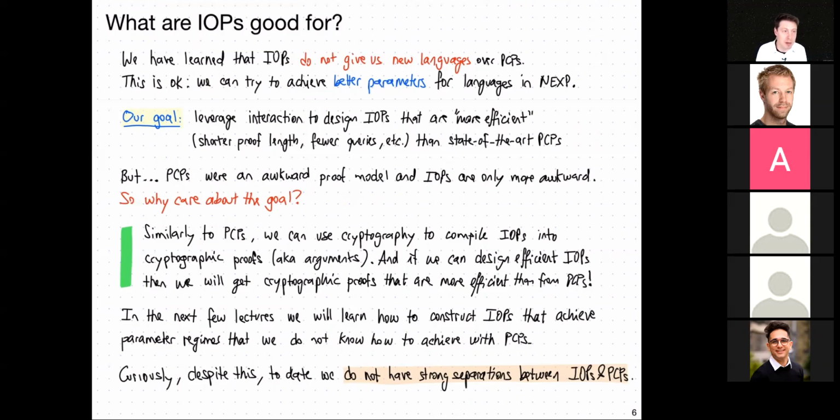That may or may not be the case, but today, given our understanding of probabilistic proofs, IOPs have been an enormous blessing, in that important parameter regimes for practice that will likely continue to be out of the reach of PCPs for many years to come are already achieved by IOPs, and that's why they're practical. Okay.